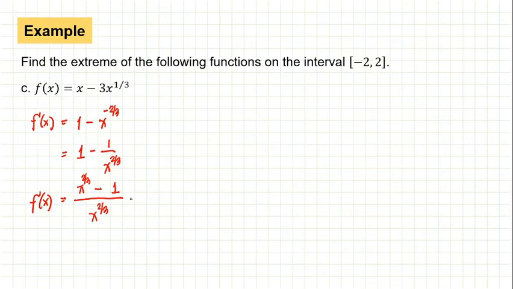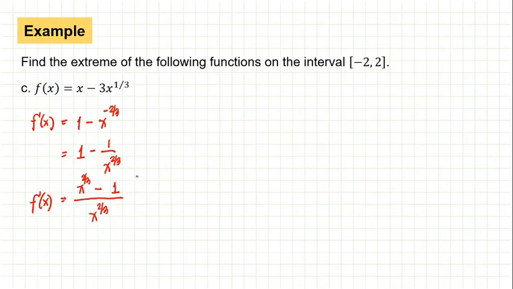This derivative will become undefined or it will not exist if the denominator becomes 0, right? So we will consider the critical point when the derivative DNE, or does not exist. And this fraction will only be 0 when the numerator is 0, right?